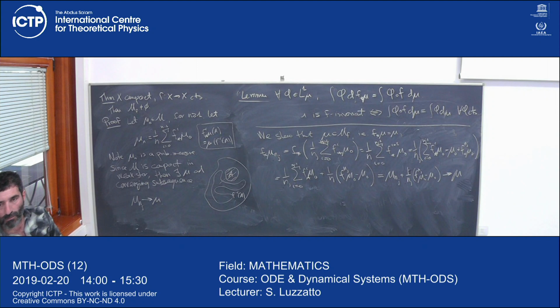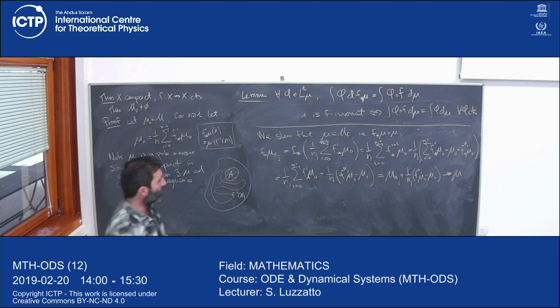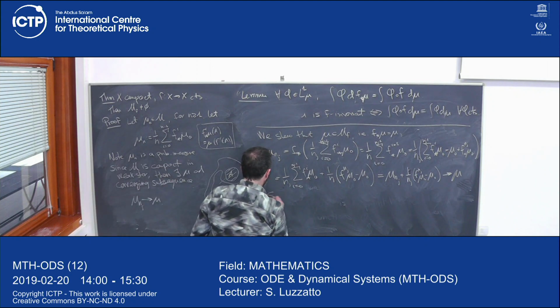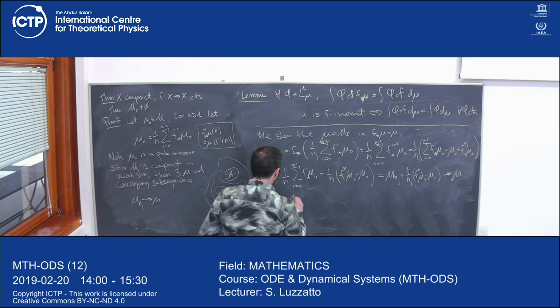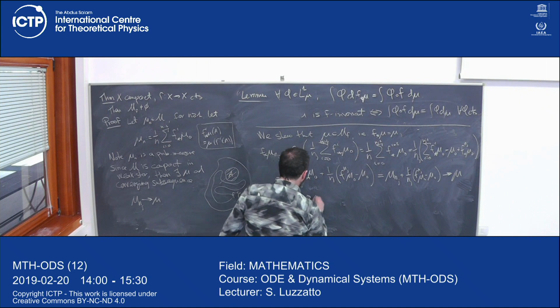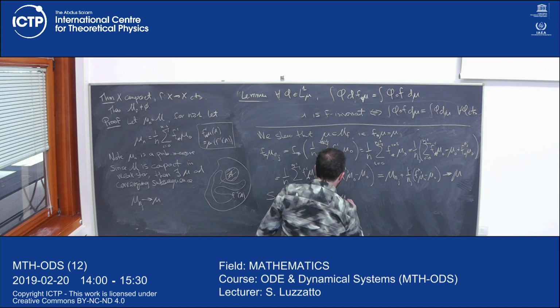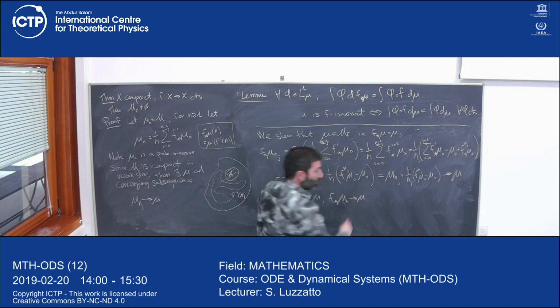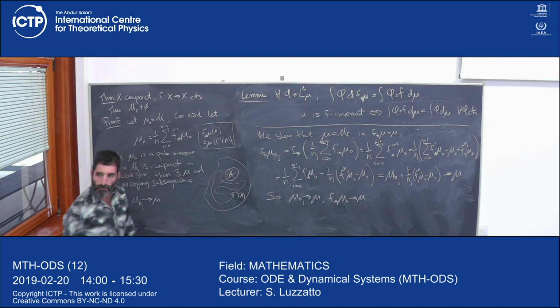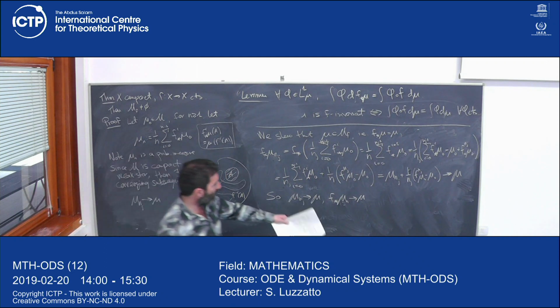So how does this complete the proof? The left-hand side converges to mu. Exactly, right? So we proved that F star of mu nj converges to mu, okay?